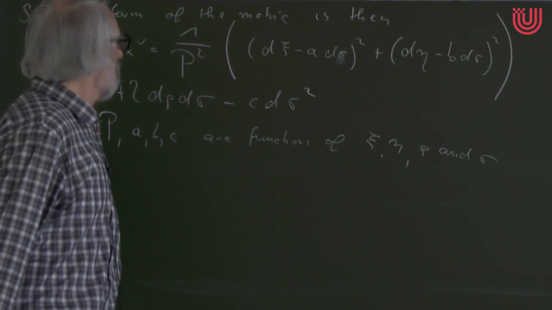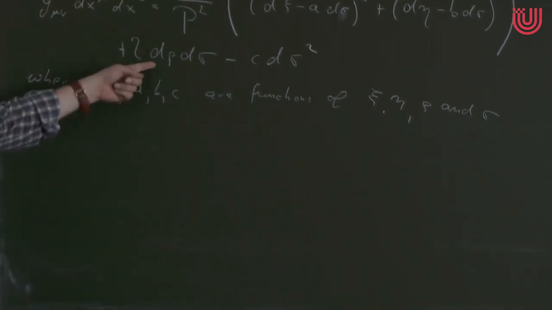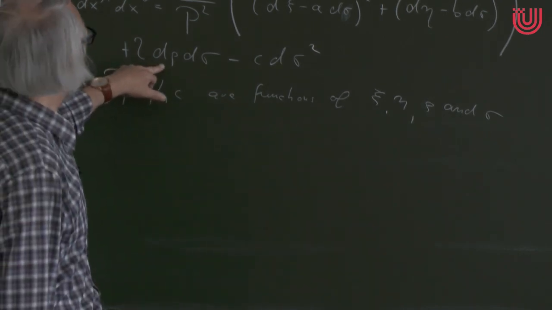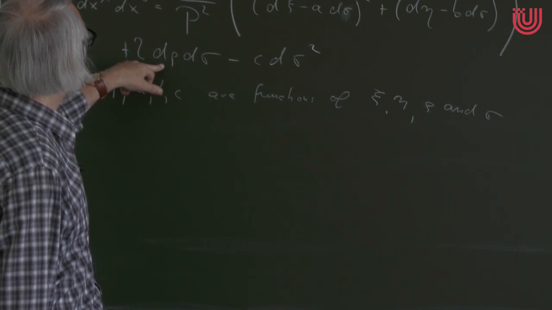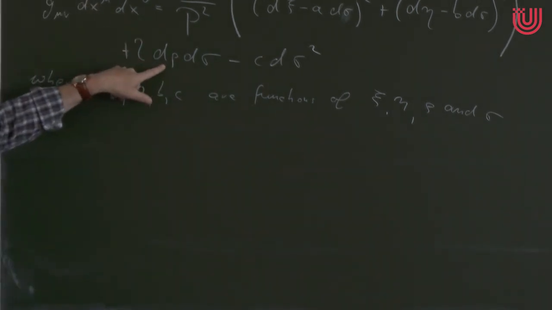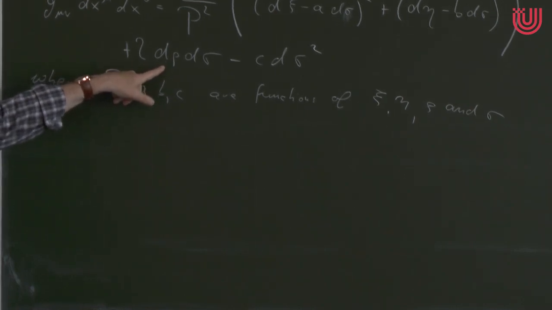Okay, so you see the surfaces rho equal constants are light-like. Yeah, there's no term d rho squared. Sorry, the vector field d by d rho is light-like, because there's no term d rho squared.